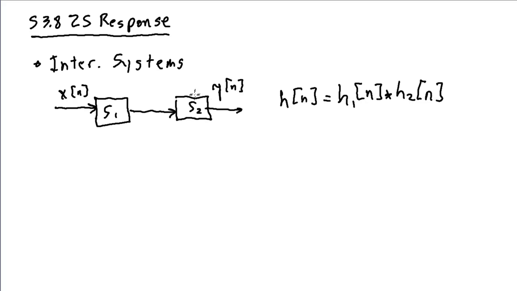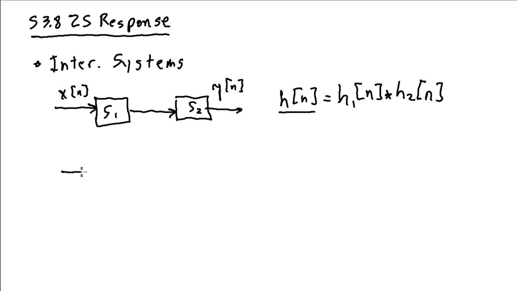So we can find y of n directly from x of n by convolving x of n with this h of n, which is obtained by convolving the individual impulse responses.